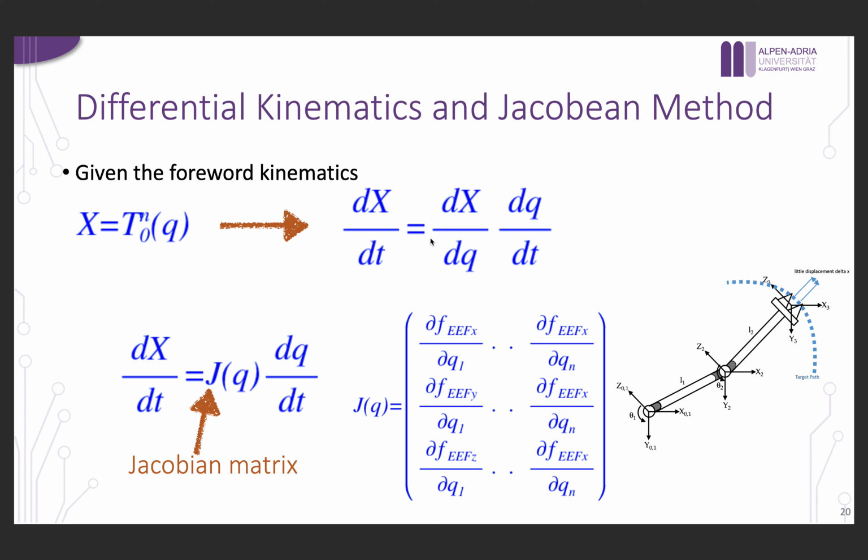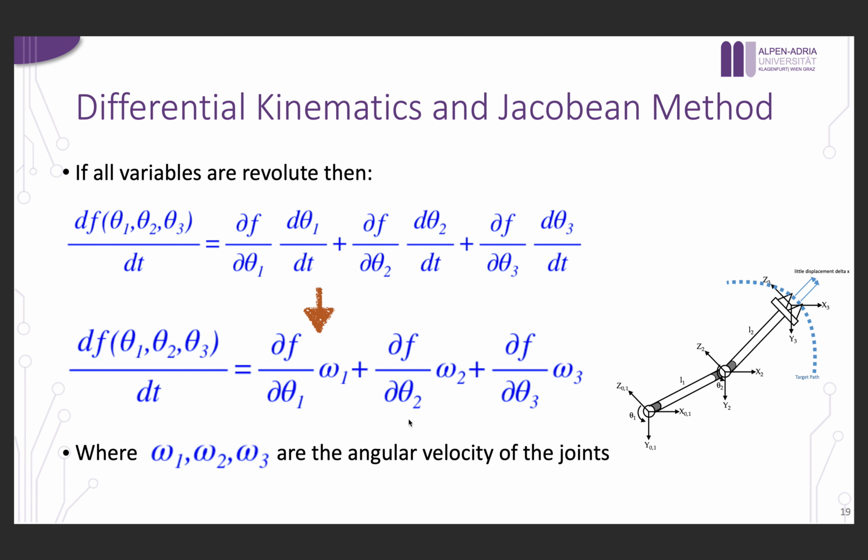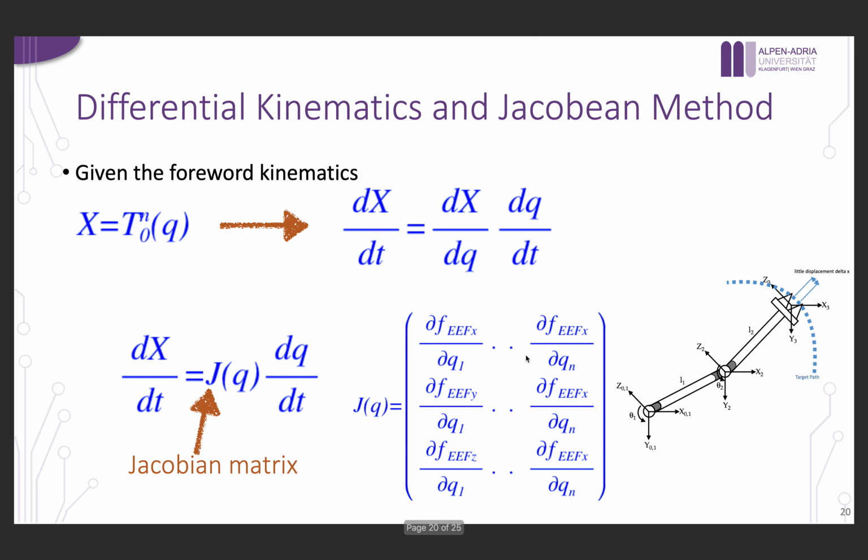So given the forward kinematic model, which is x equal to f of q, if I now take dx over dt, it is equal to dx over dq multiplied by dq over dt, which is what we have done before in the previous slide. What we did here is we just now take this into matrix multiplication form.